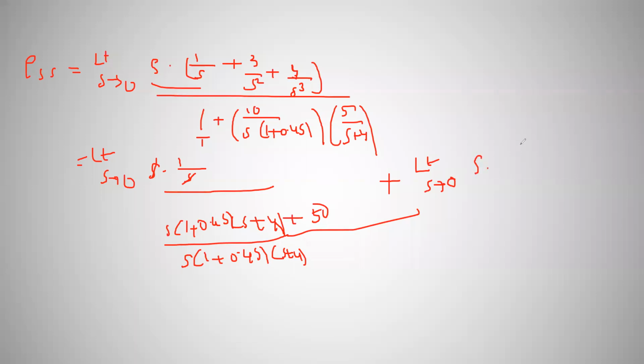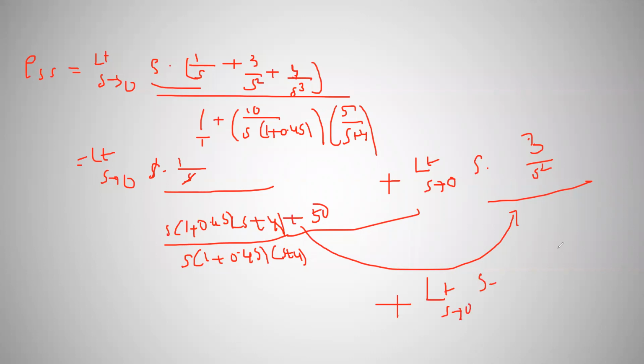s into 3 by s square, divided by this equation plus limit s tends to 0, s into 4 by s power 3, divided by s into 1 plus 0.4s into s plus 4 plus 50 by s into 1 plus 0.4s plus s plus 4.